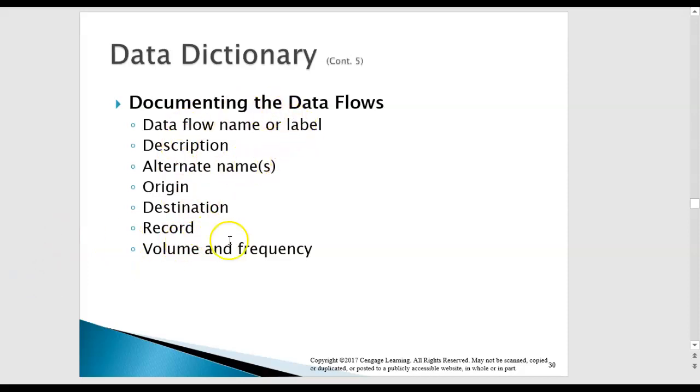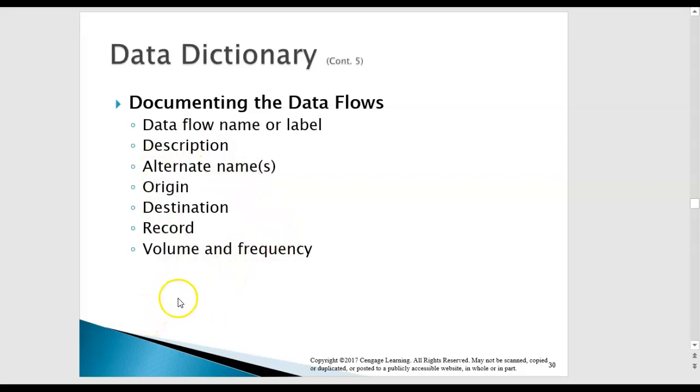So previously you had created a graphical version of the data flow. Now you're going to document it inside your data dictionary, so that whoever uses the data dictionary knows what the data flow diagram does, what the description is, what are the different elements inside of your data flow diagram.